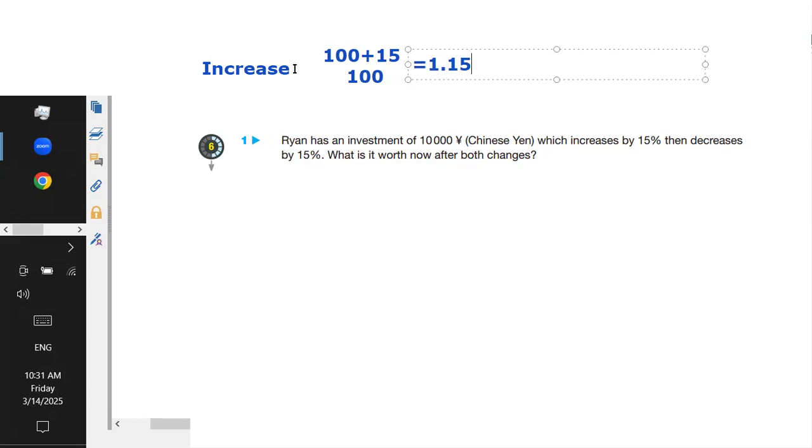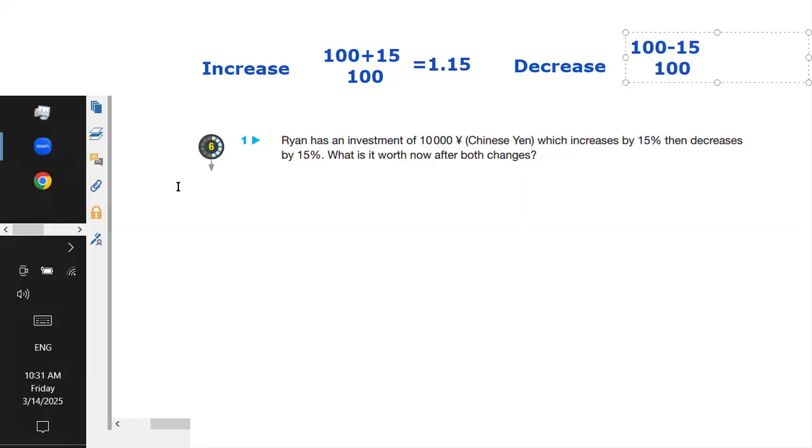So that's the first part. Now, the second part, I want to find the multiplier of decrease. Same idea, but with subtraction. So what should I do? Very good. I'm going to subtract from 100 and then divide by 100.